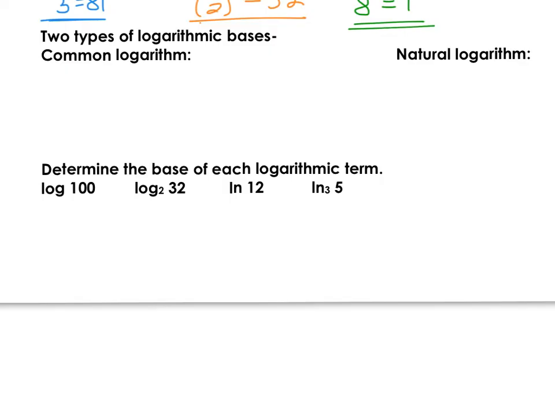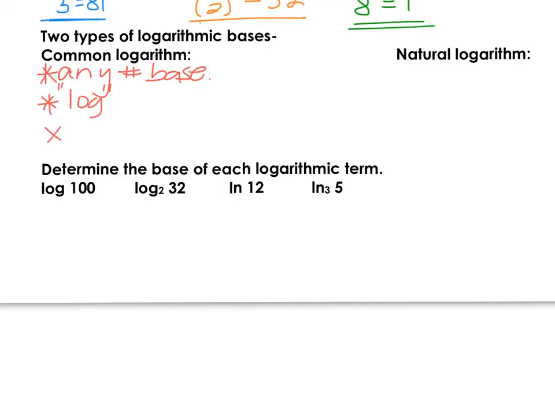When talking about types of logarithmic bases, you're going to have two options. One we call common logarithm and the other we call natural logarithm. Now a common logarithm is any number base, and that means we use the log prefix.